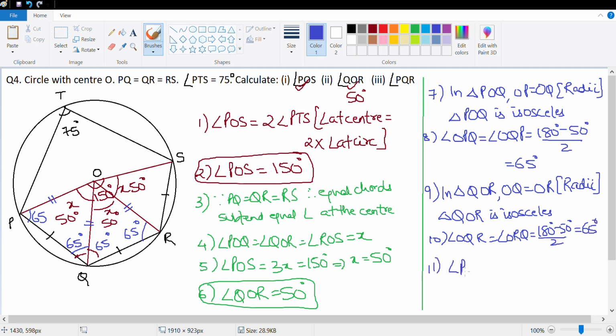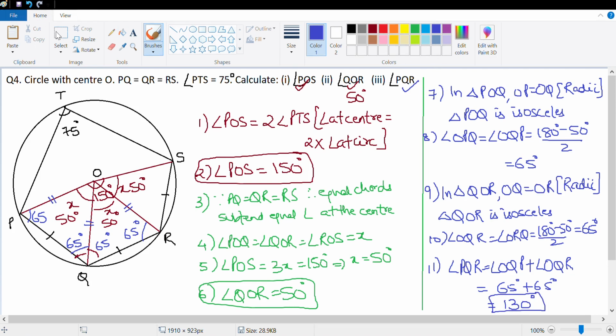And angle PQR is equal to angle OQP plus angle OQR, which is equal to 65 degree plus 65 degree. So this is equal to 130 degree. So that's the last part of the question, which is also done.